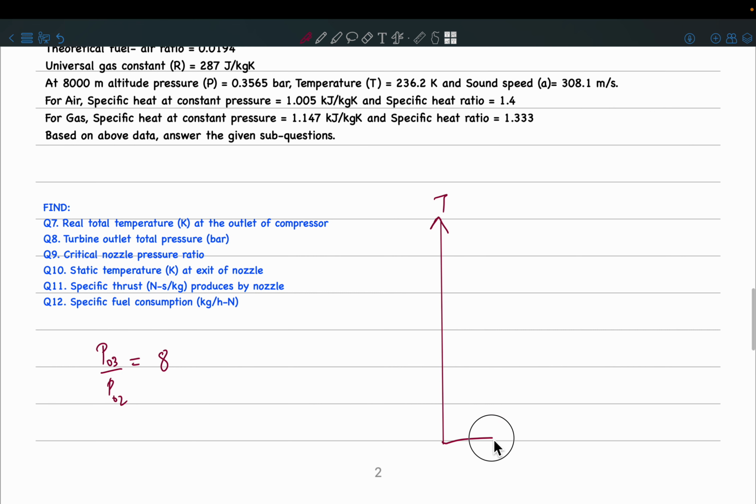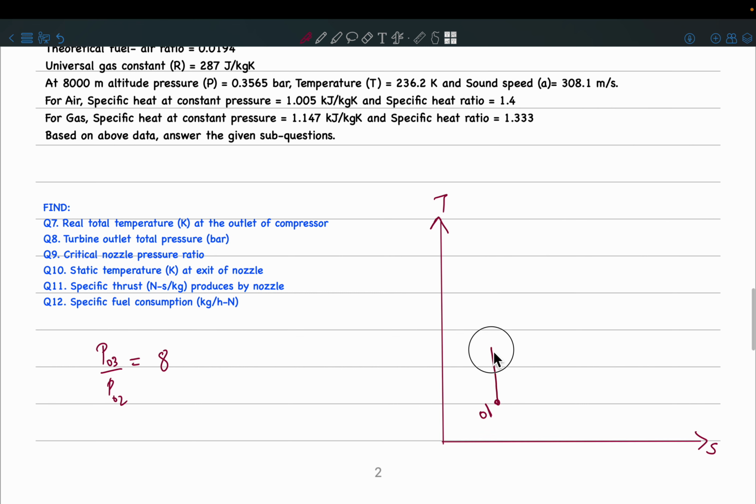Help me draw the cycle first. How is the TS diagram going to be? Let us say state 1, and I'll start with the stagnation state, which is just before the compressor.